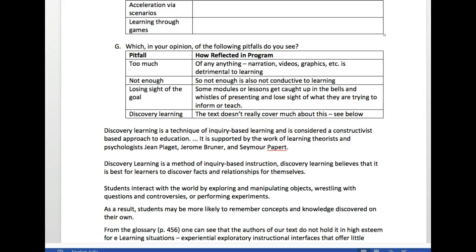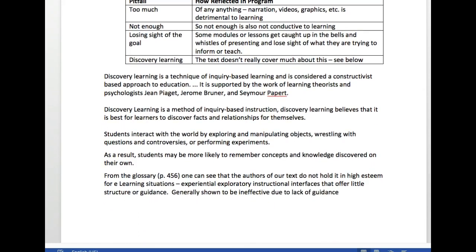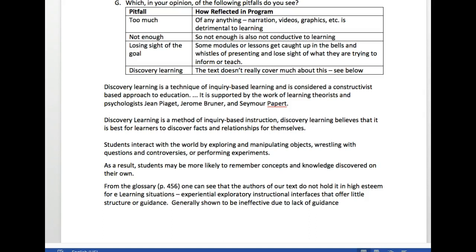Discovery learning is another one of those tough concepts that they didn't talk about a lot in the book. It was very glossed over, but there again, if you see right here, if you go to the glossary on page 456, they have a definition of what it is, and they do not feel that it is very conducive to effective e-learning.